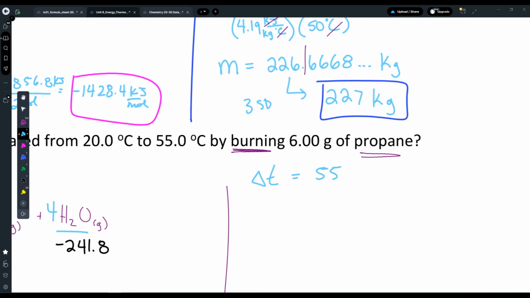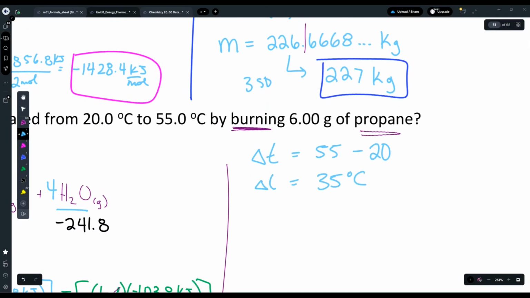So remember, it's final minus initial. So moles of propane is going to be equal to mass of propane divided by molar mass.